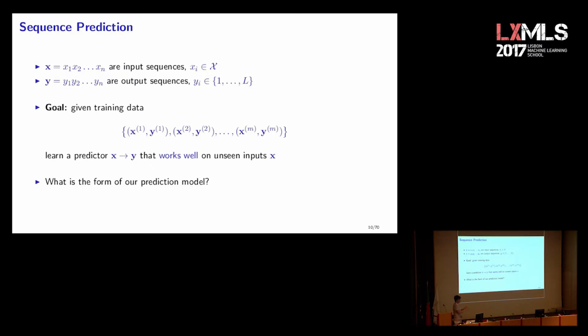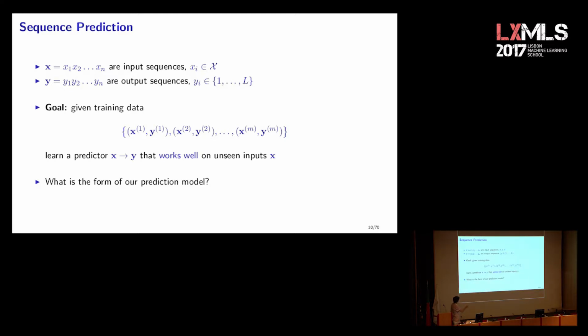In this particular instance of sequence prediction, I will make the assumption that the output structure is of the same length, namely that there is one output tag for each input token. This doesn't need to be the same; there are many problems in which it is not. But I'm going to focus on this type of problem because it's the simplest one.